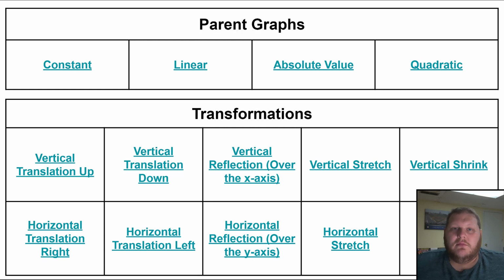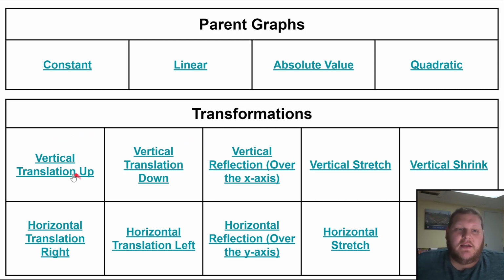In general, if we're dealing with a transformation that's going to change our graph vertically, whatever operation is happening, whether it's addition and subtraction, which is translations, whether it's negative signs, which is our reflections, or whether it's multiplication, which is our stretches and our shrinks, if that operation happens on the outside of my function, it's going to be a vertical change. If it happens on the inside of my function, it's going to be a horizontal change. And we'll look more specifically at what I mean by inside my function versus outside my function.